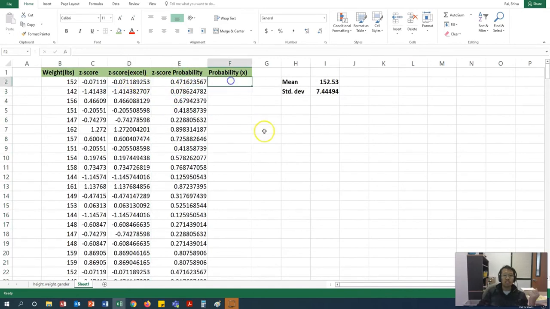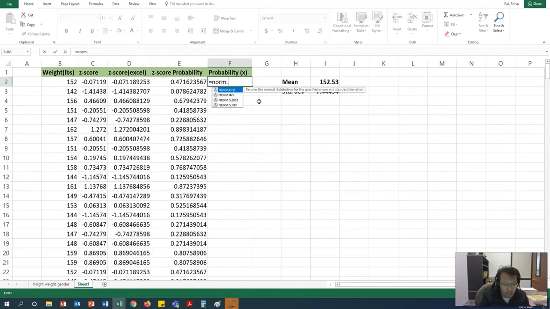Now what is the probability of x? Let us use the usual formula to figure out the probability of getting these values, not the z-scores over here. That would simply be NORM.DIST. This formula does not assume a standard normal distribution, since we are working with a distribution whose mean is this one and standard deviation is this one.